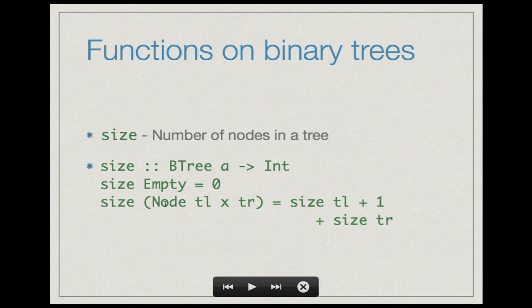Size of node tl x tr, where tl represents the left subtree, tr represents the right subtree, x denotes the value at the node, equals just the size of the left subtree plus 1, because the root is also a node, plus the size of the right subtree.